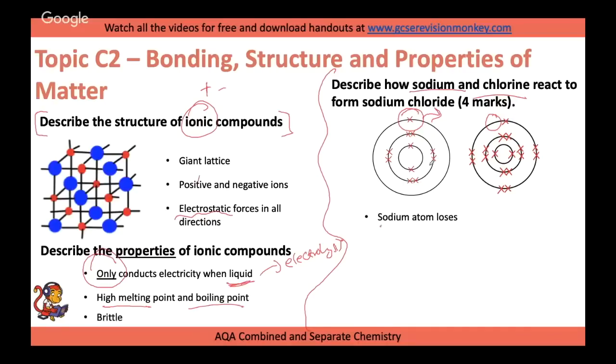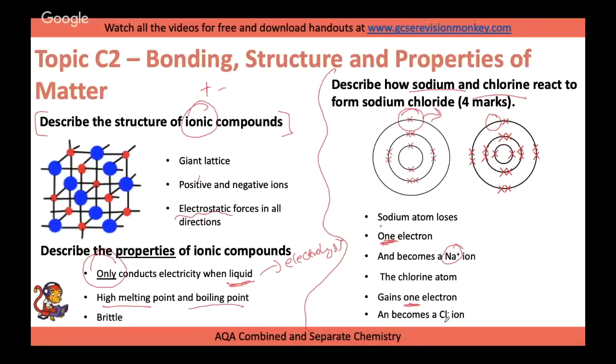Sodium atom loses 1 electron and becomes a positive ion. The chlorine atom gains 1 electron and becomes a negative chloride ion. So bullet point it if you need to get the clarity of the marks.